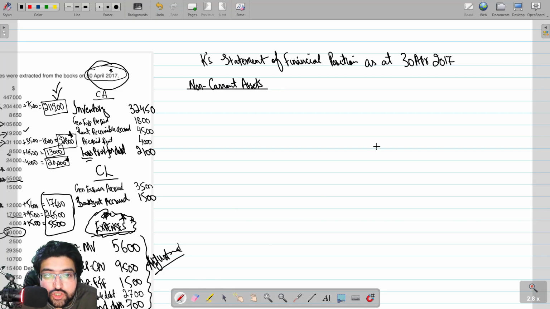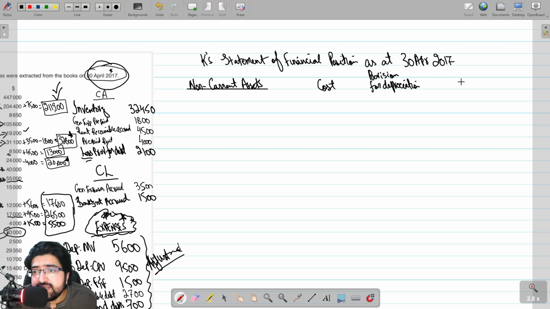Okay. You will need 3 columns in this. One for the cost of the non-current asset, the other one for provision for depreciation, or you can call it total depreciation or accumulated depreciation, as you like. Provision for depreciation, and then finally the net book value column, which is the actual remaining value of your non-current assets.